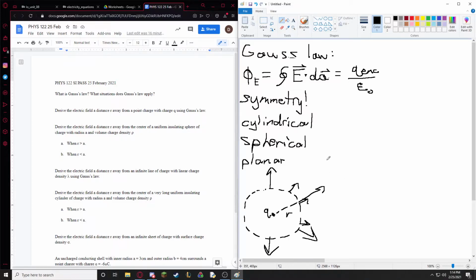So we know that our integral of E dot dA ends up becoming E can come out to the outside, and it's just the integral of dA. Now, what's the integral of, let's say, just the integral of dx? What is that?